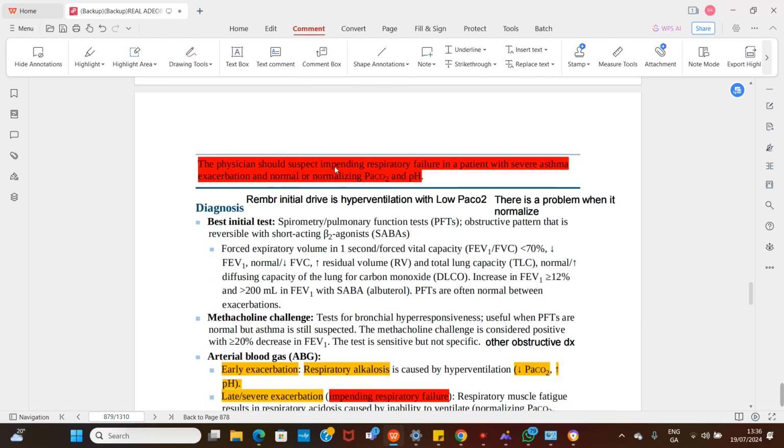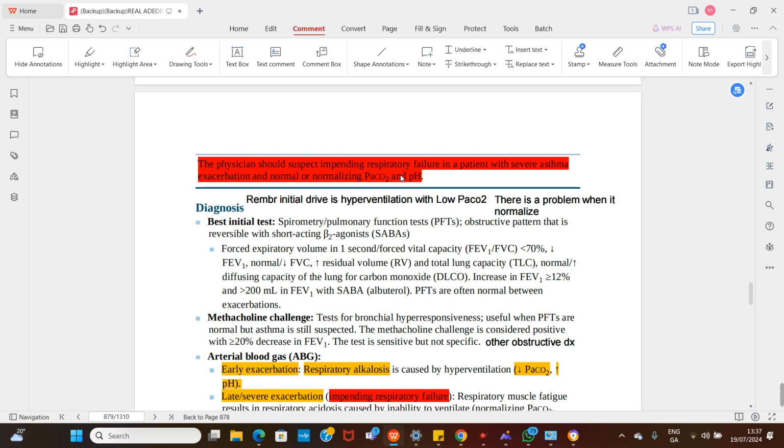What should make the physician suspect impending respiratory failure in a patient with severe asthma exacerbation with a normal or normalizing CO2 and pH? We already know this because I've said it. People with asthma try to hyperventilate. They want to get in more air, and in the process of hyperventilating, they are taking out more CO2. So there's ideally a drop in PCO2.